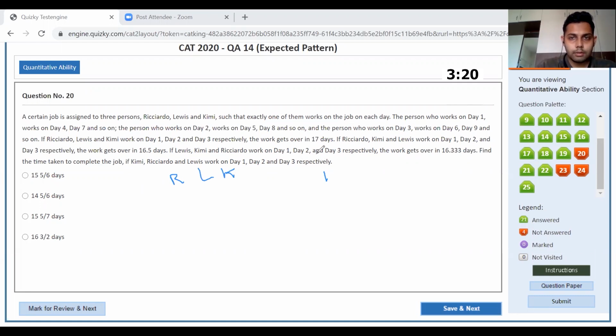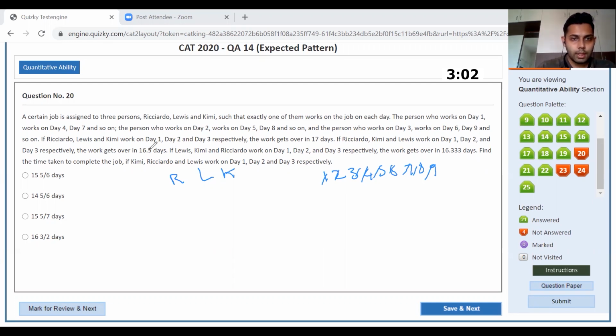So person 1 is day 1, person 2 is day 2, person 3 is day 3, 1, 2, 3, 4, 5, 6, 7, 8, 9. So basically 1, 4, 7, 2, 5, 8, 3, 6, and 9. Okay, fine.